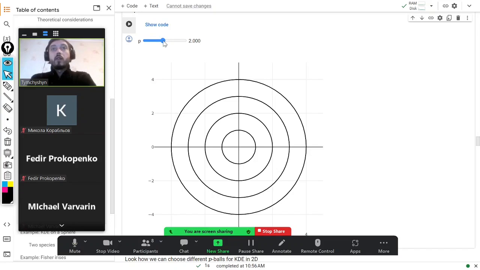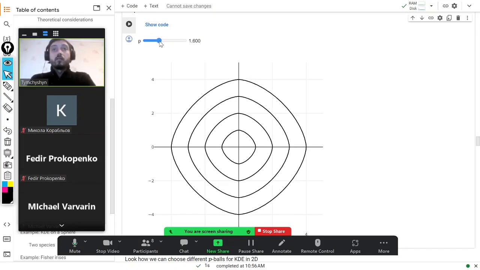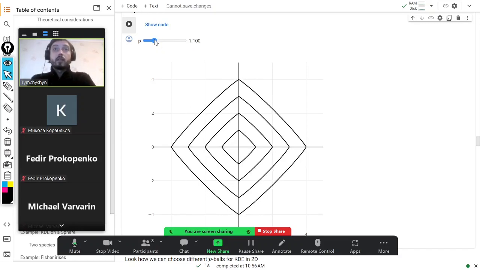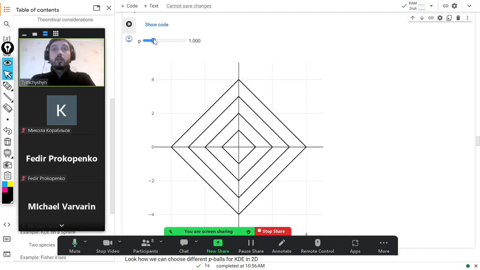Now, what will happen when I make this p smaller and smaller? When I'm making it smaller, first at p equals 1, we get something like this. So this is the Manhattan distance. We have seen that distance when considering what? Who can remember? When we were reducing features. Yes, regularization.